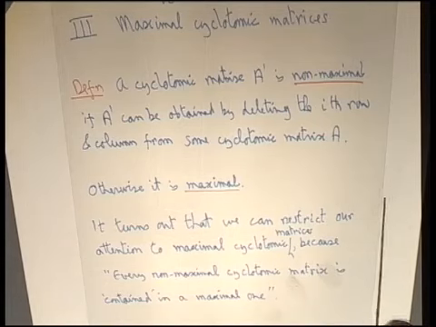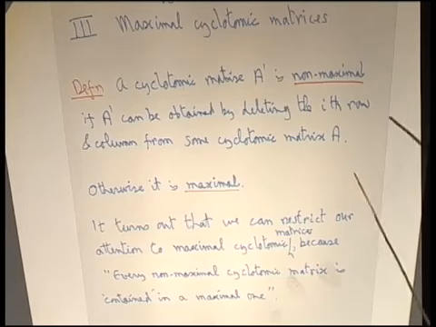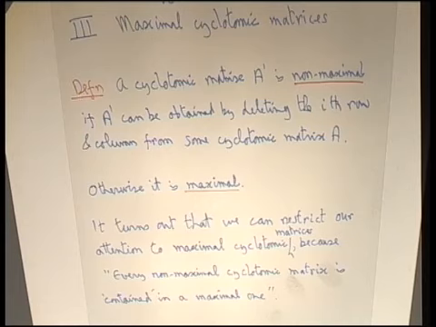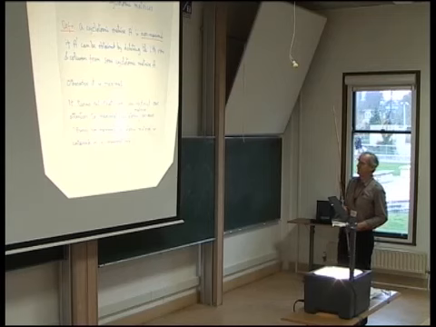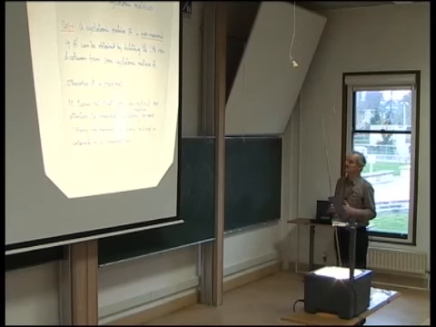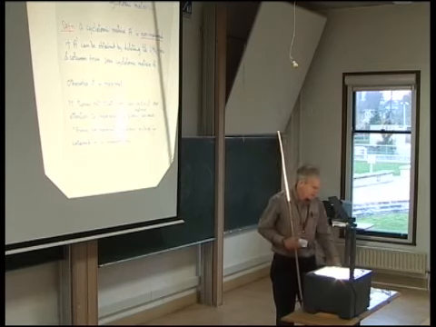We assume that we've got maximal cyclotomic matrices, so that these cyclotomic matrices can't be obtained from a bigger one by removing rows and columns. So these are the biggest ones.